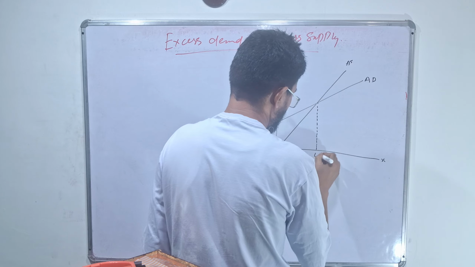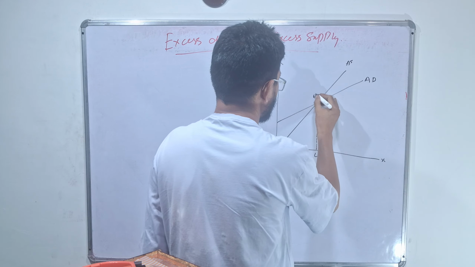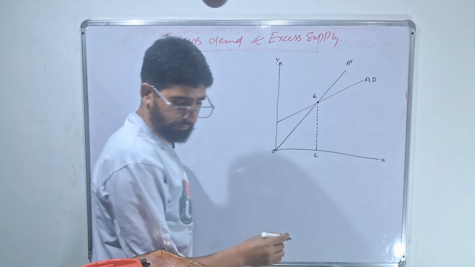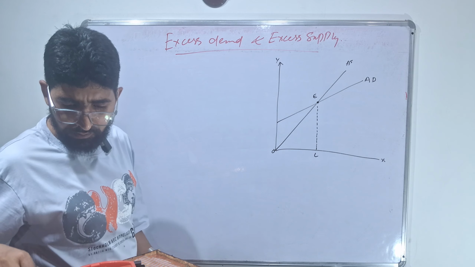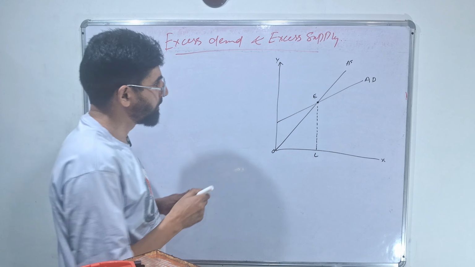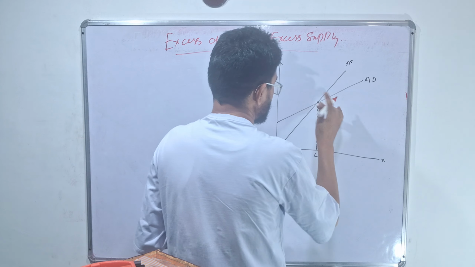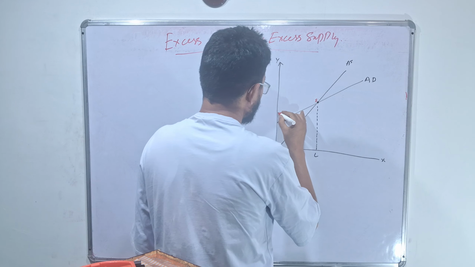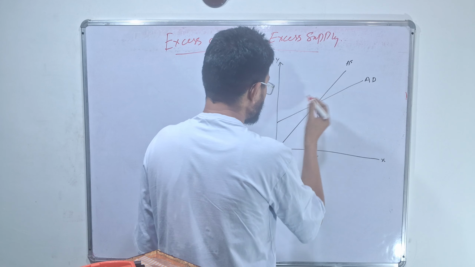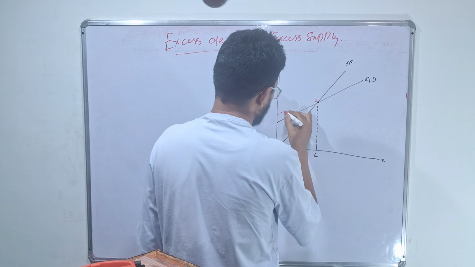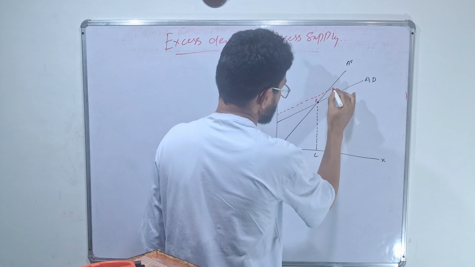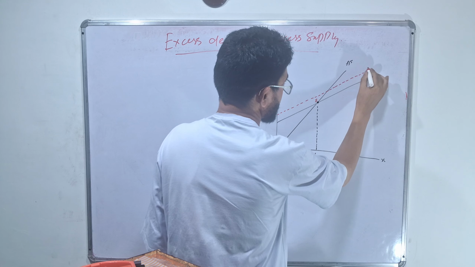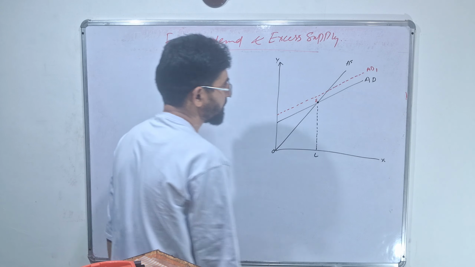This full level of full employment is the point of equilibrium. But when aggregate demand is more than aggregate supply, this demand curve will shift upwards like this. This will become aggregate demand 1.